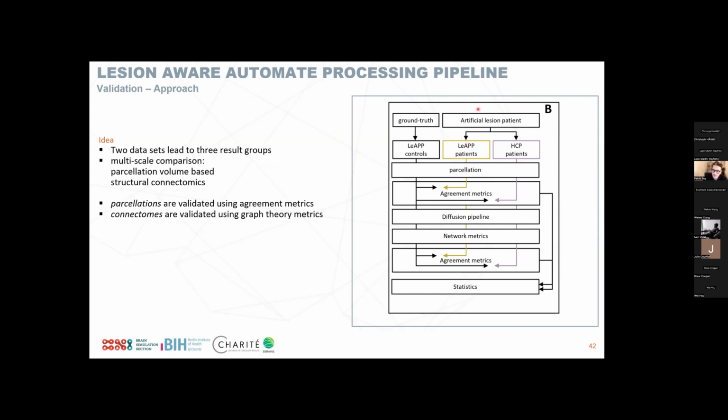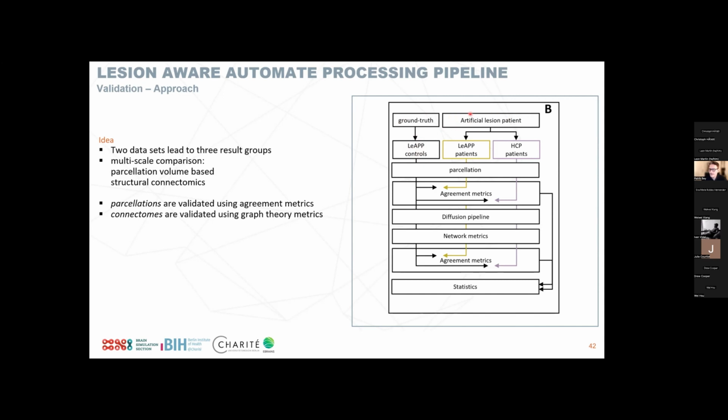So we ended up with these two data sets: the ground truth, the actual healthy controls, and these artificial lesion patients, the 82 where we embedded the lesion inside of the healthy control. And then we processed all of those. The ground truth we processed, that we then call LEAP controls, because that's the ground truth that we want to compare against.